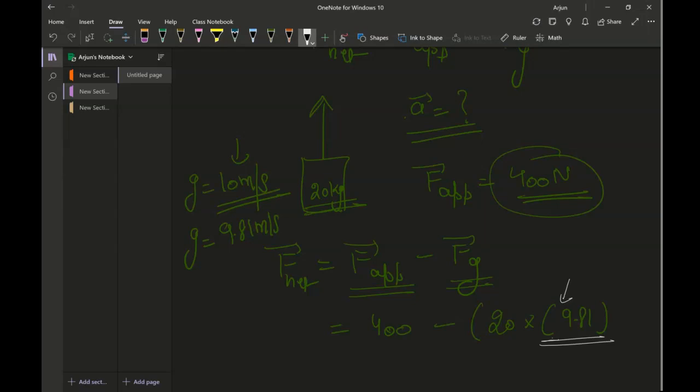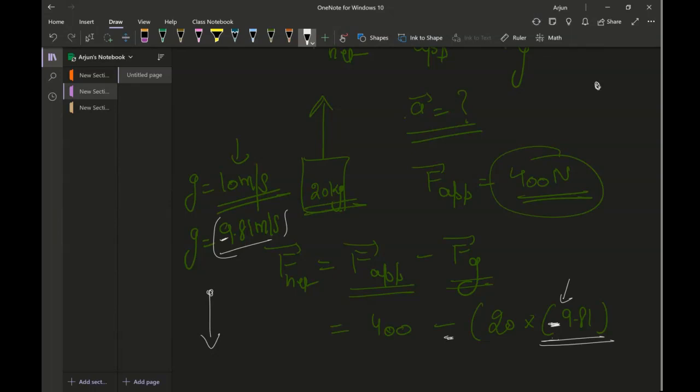Usually what students do is they end up placing a negative sign here on the g value, because it always acts in the downward direction. If you end up placing this negative down here, and there is a negative here also, then both will add up and it's going to become positive. Then your answer will be wrong.